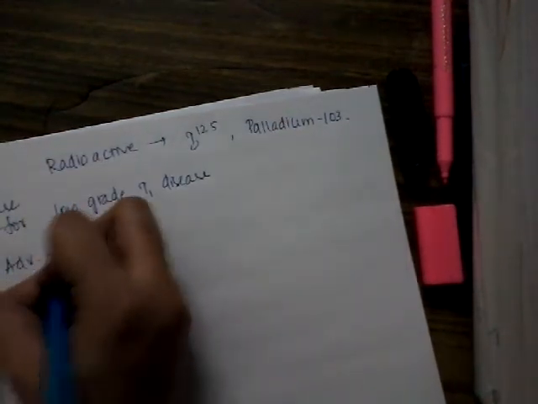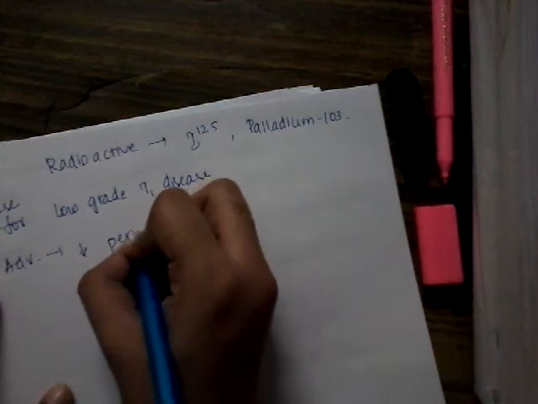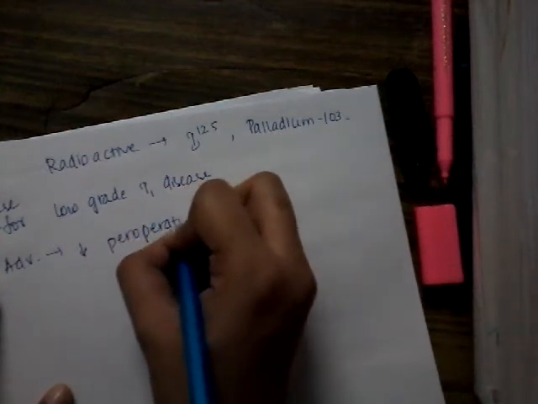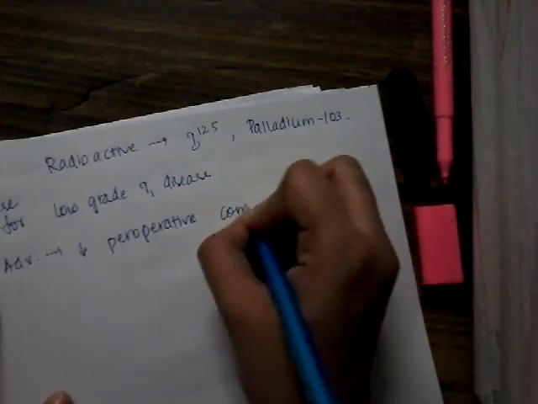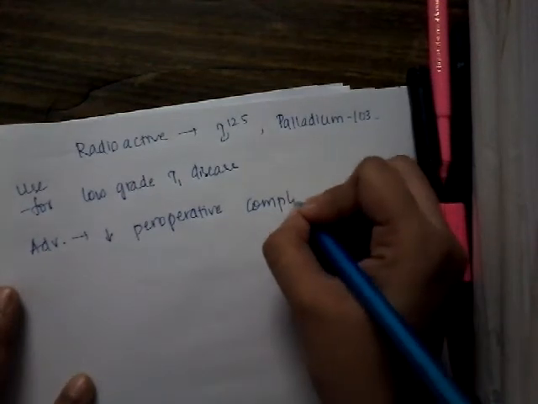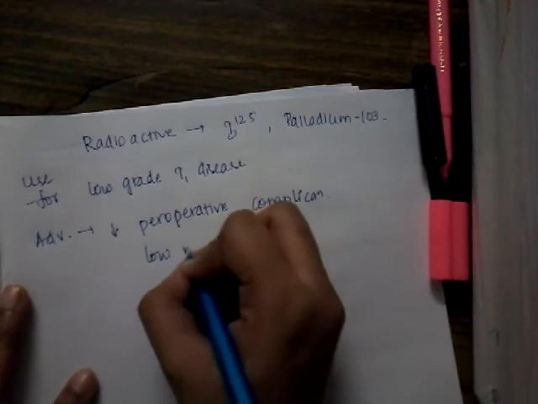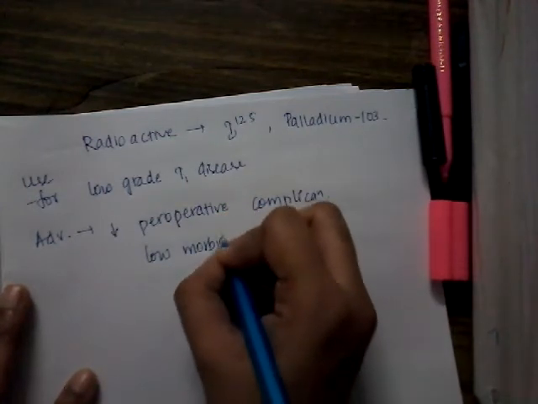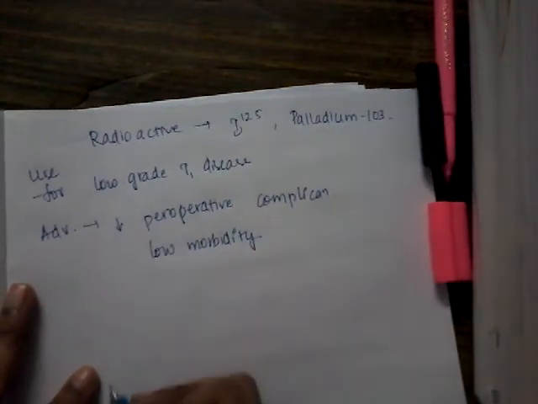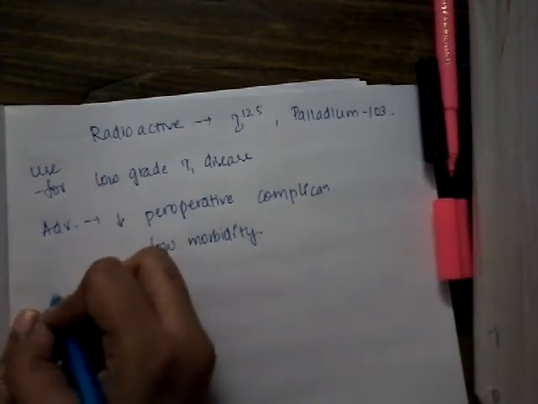And what is the advantage? Decreased peroperative complications. Generally in operation we can have complications, but here there is decreased peroperative complications, and low morbidity. The patient has good lifetime during the course of therapy too.